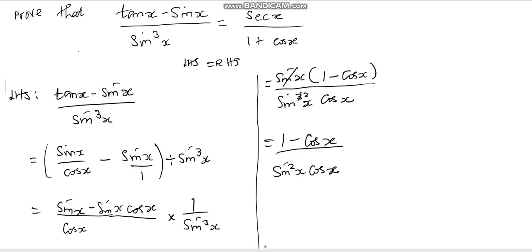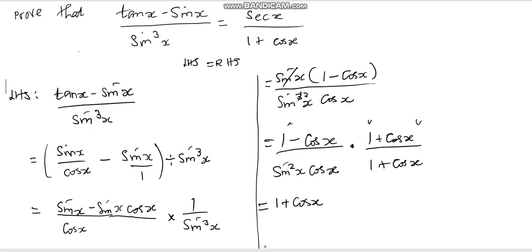The next thing we're going to do is rationalize the numerator, meaning that we find its conjugate, then we multiply it by the whole expression. The conjugate is going to be 1 plus cos x. The denominator also gets 1 plus cos x. We multiply term by term: 1 multiplied by 1 is 1, 1 multiplied by cos x is cos x.